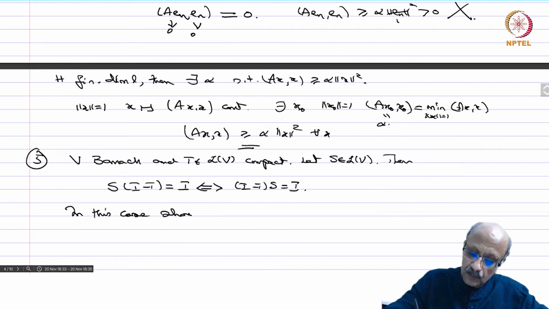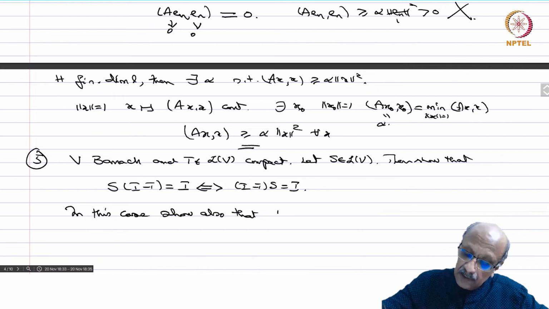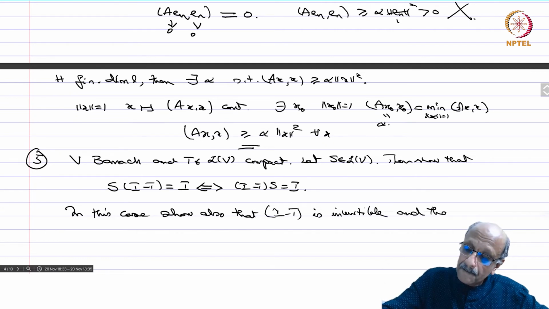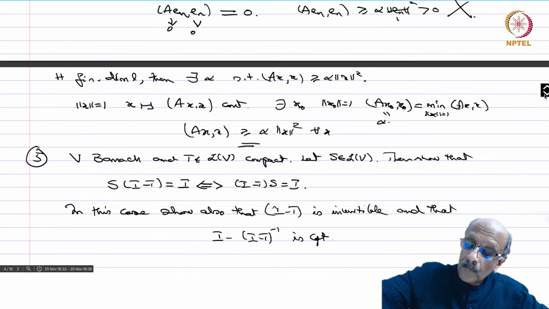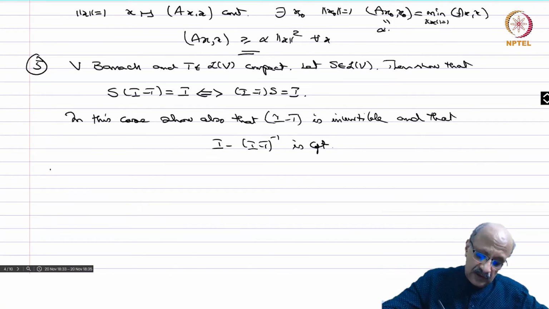In this case, show also that I minus T is invertible, and that (I minus T) inverse is compact. Okay, this is almost very trivial.